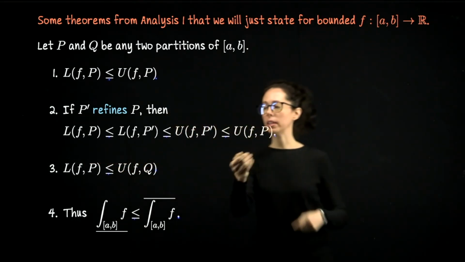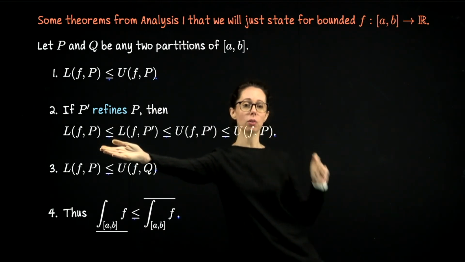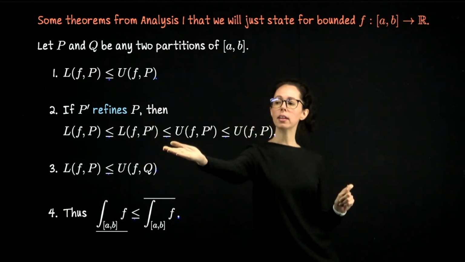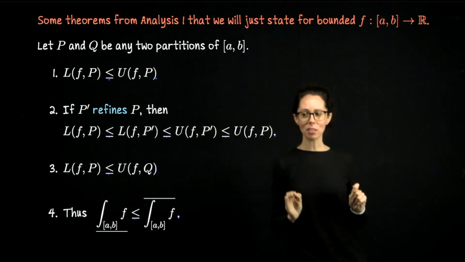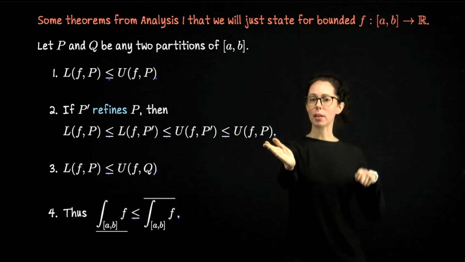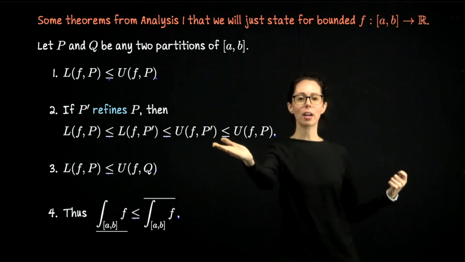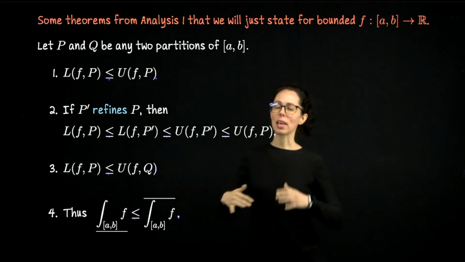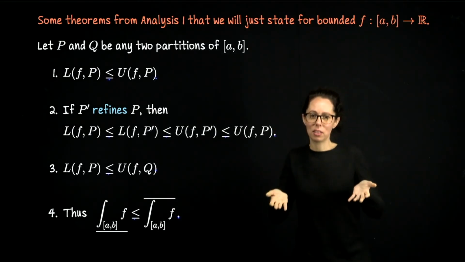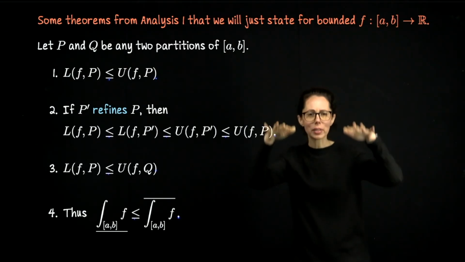So if you read this carefully, you'll see that the lower sum of f with respect to the original partition is less than or equal to the lower sum with respect to the refined partition. But also, the upper sum of f with respect to the original partition is greater than or equal to the upper sum with respect to the refined partition. So the more you slice, you raise up lower sums, you lower down upper sums.